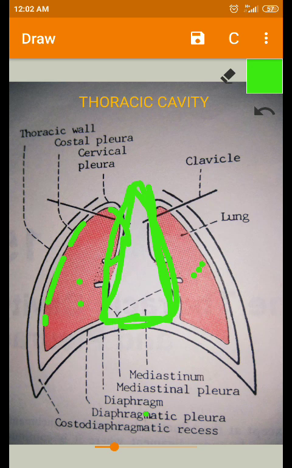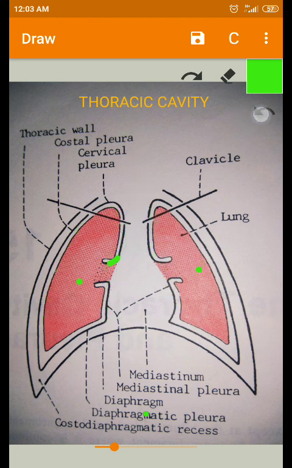That space is called the mediastinum. In the mediastinum, the heart is present, and also some other structures which come into the inlet of thorax, like the trachea, esophagus, or thoracic duct. All these things are present in the mediastinum only. There are many other structures which pass through the mediastinum. That we are going to study separately.